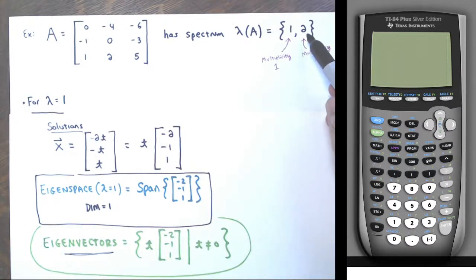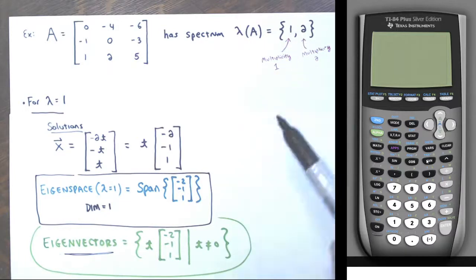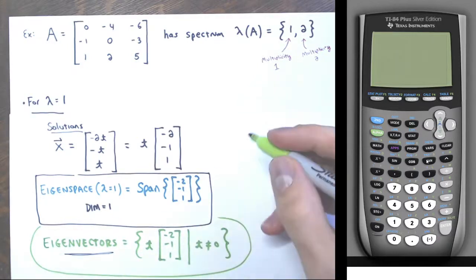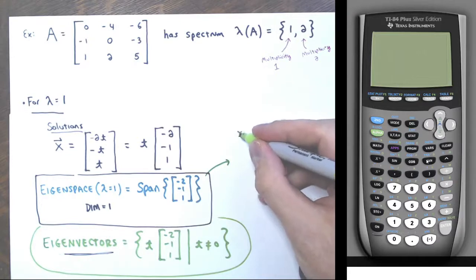Let's do the same thing for 2 now. So far, hopefully you've noticed that every single eigenvalue with a multiplicity of 1, I mentioned all the other ones that are multiplicity of 1, had an eigenspace with a dimension of 1. The dimension of an eigenspace for an eigenvalue will be less than or equal to the multiplicity. In fact, I'll write that little note over here.